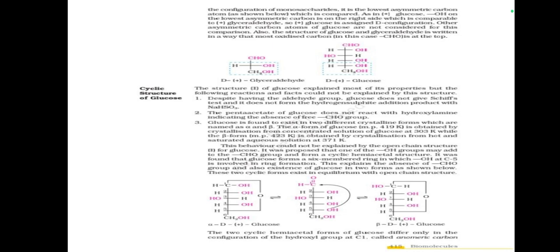This explains the absence of the CHO group and also the existence of glucose in two forms as shown below. These two cyclic forms exist in equilibrium with the open chain structure. The two cyclic hemiacetal forms of glucose differ only in the configuration of the hydroxyl group at C1, called the anomeric carbon.